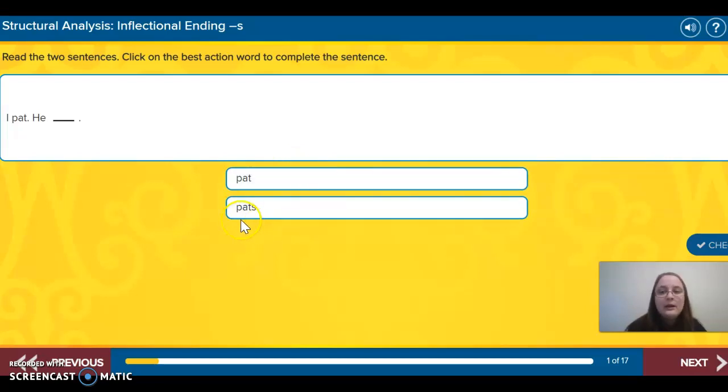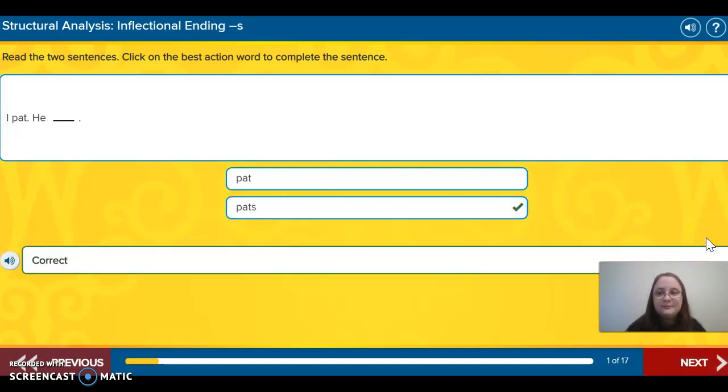So let's sound it out. P-A-T-S. Pats. Looks like that's correct. I pat, he pats. So we have our naming part, he, and then we have our action word, pat, that we've added an S to make pats. Let's check our work. Awesome, we were right.